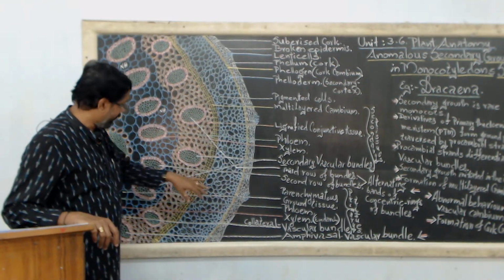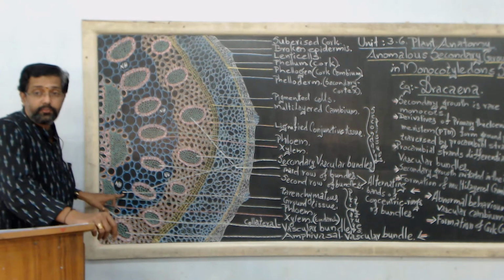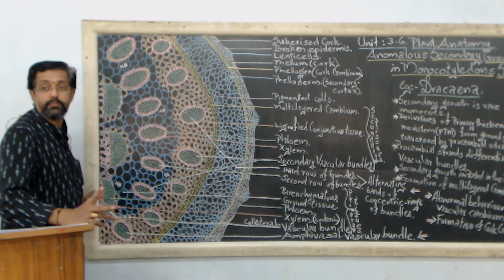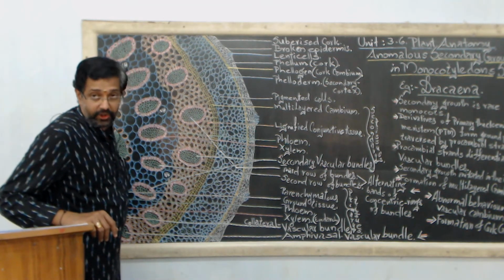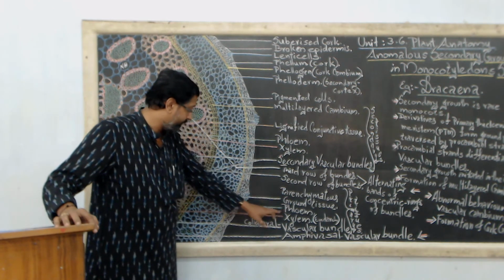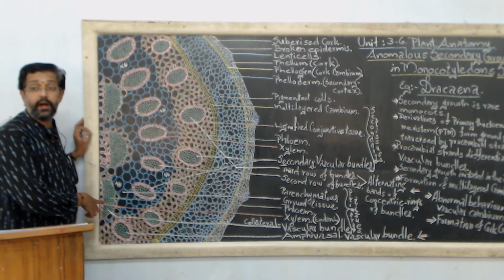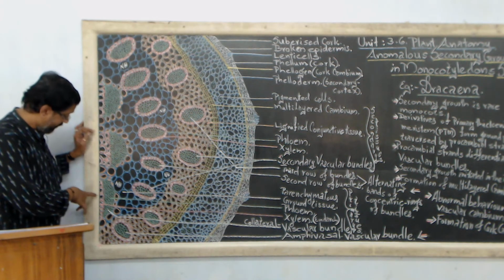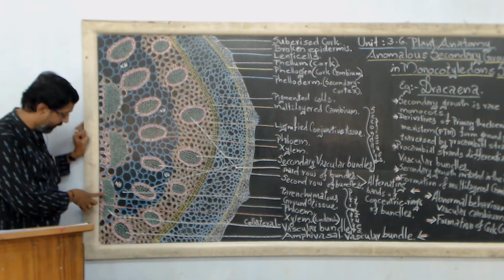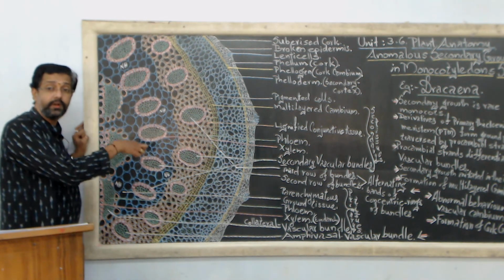Coming to the inner portions, here we can see the ground tissue, which is thin-walled parenchymatous ground tissue, and in the center region, somewhat middle of the cross section of the stem, we can see the parenchymatous ground tissue, and the phloem and xylem is arranged as said in the earlier description. The early formed vascular bundle has the outer phloem and inner xylem, and coming to the secondary bundles, the phloem is completely surrounded with the xylem.